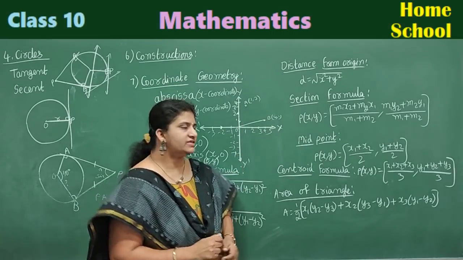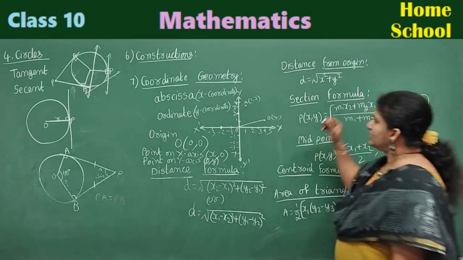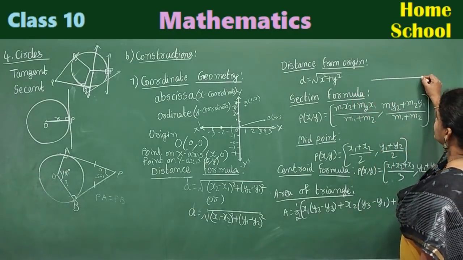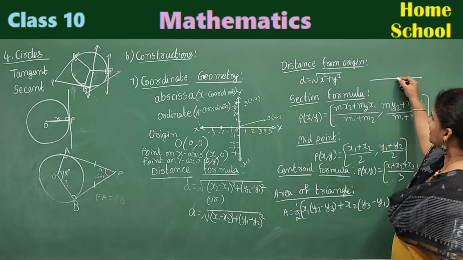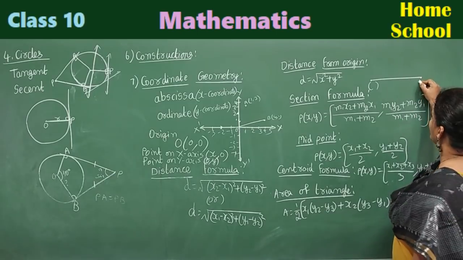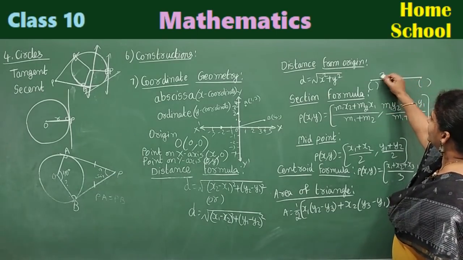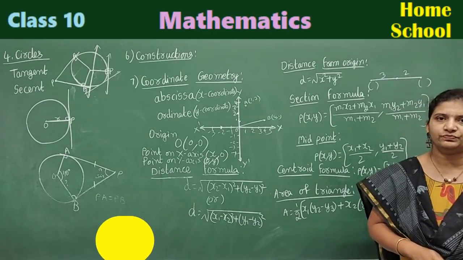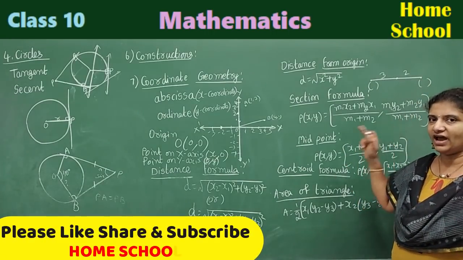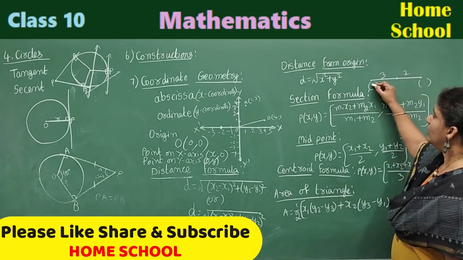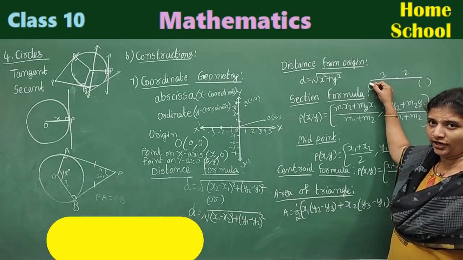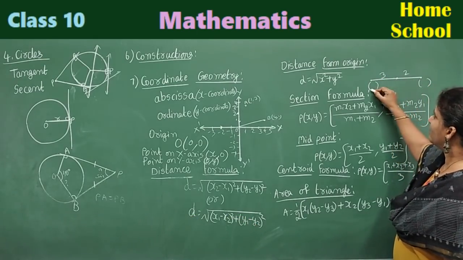Section formula means what? Where you are going to apply? Suppose if you have a line segment. A line segment, and this is having coordinates and it is divided in the ratio 3:2. A line segment is divided in the ratio 3:2 and this will be having some coordinate and this will be having some coordinate.